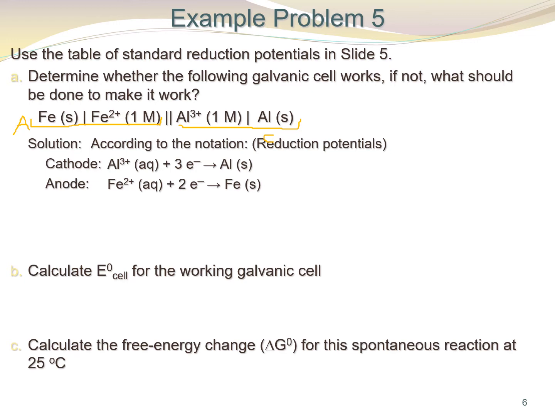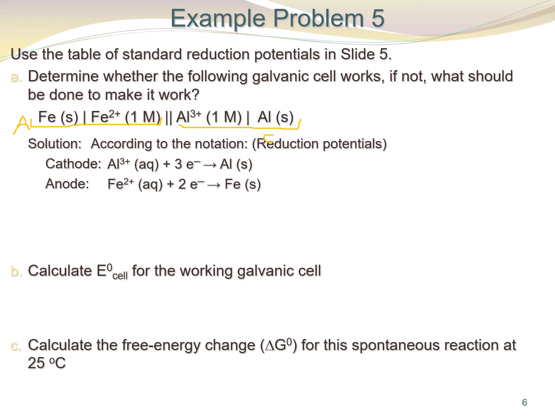What we're going to do here is write them using reduction potentials. In order to have the reduction potential, the reaction must have electrons as a reactant for both electrodes. For the anode, iron 2+ gains 2 electrons to reduce to iron metal. For the cathode, aluminum 3+ gains 3 electrons to form aluminum.